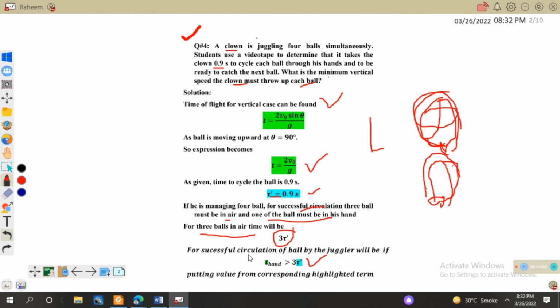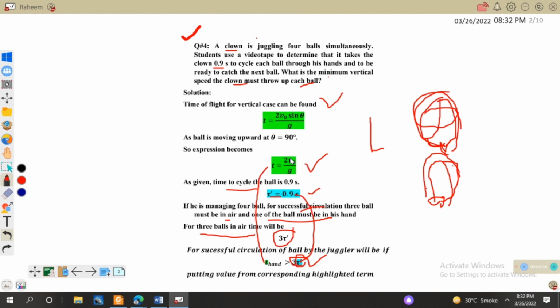So for successful circulation of the balls by the juggler, the time of the ball in hand should be greater than 3 times ta prime. Ta prime is the time for one ball to complete the whole circle, which is 0.9 second. So we are given ta prime, and if we substitute the value, this highlighted ta prime is 0.9 second.